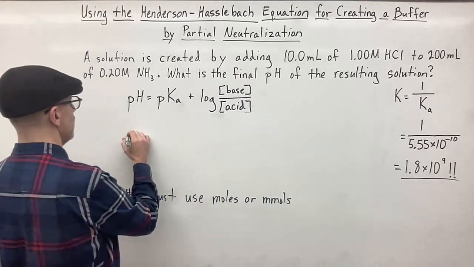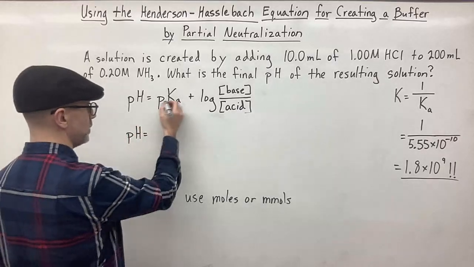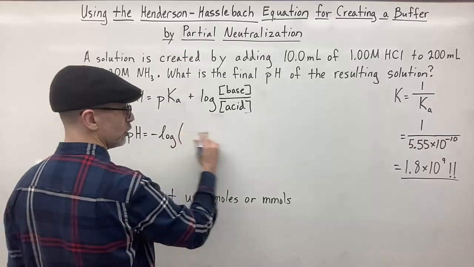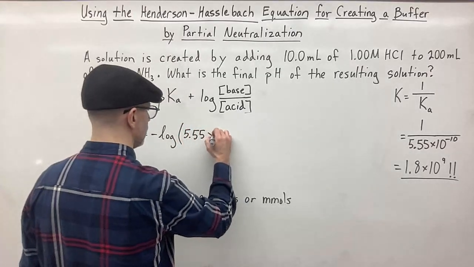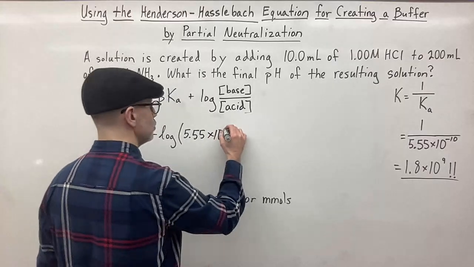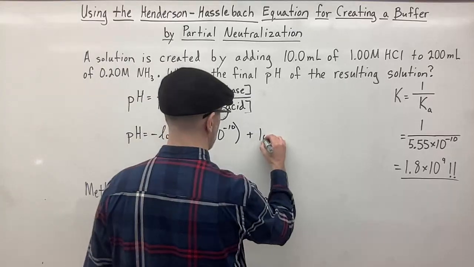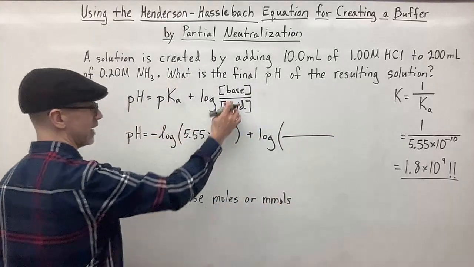Here, if I plug everything in again, pH is equal to the pKa, which is negative log of the Ka value, again 5.55 times 10 to the negative 10. And then we're going to add to that the log of the acid and the base.